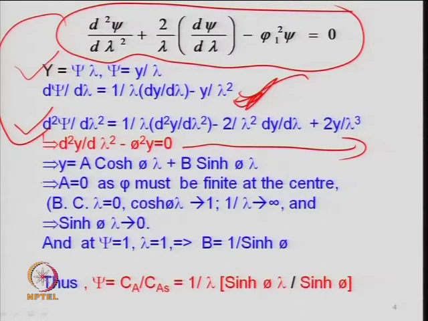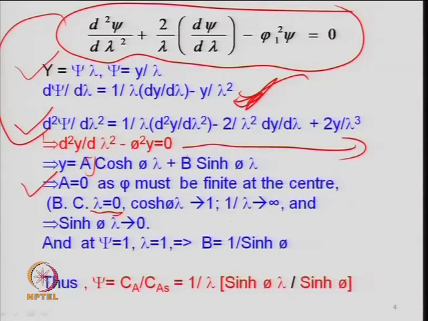Now the boundary conditions have been substituted for finding the value of A and B. At the center of the pellet, r is equal to 0, in other words lambda is equal to 0, so your cos hyperbolic phi lambda will be 1, right. Lambda is 0, cos hyperbolic 0 approaches 1.